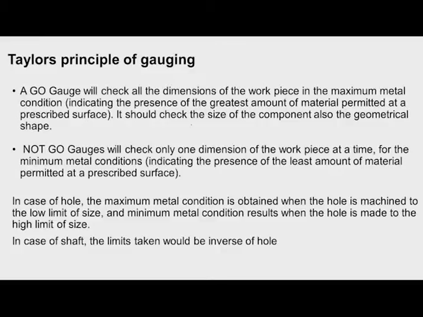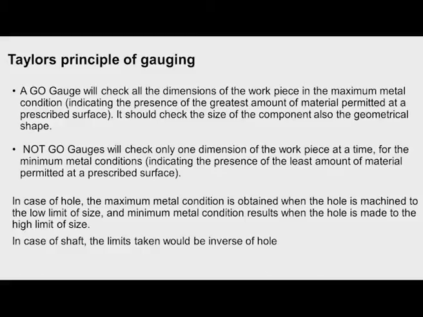It should check the size of the component, also the geometrical shape, whereas NOT GO gauges will have to check only one dimension of the workpiece at a time for the minimum metal condition, indicating the presence of the least amount of material permitted at a prescribed surface.